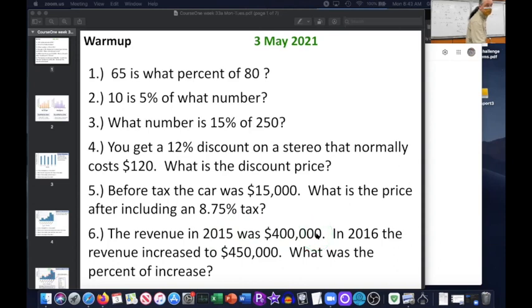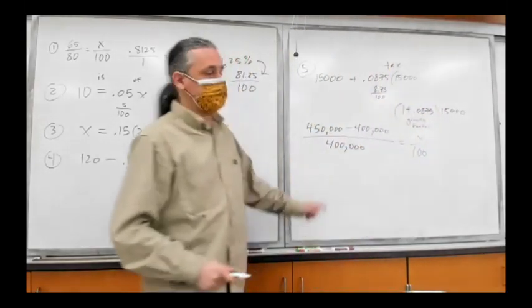The percentage is always based upon where you start, not where you end up. And we sometimes goof that up because the last number we see, we put on the bottom of the fraction. So just be careful with that. And then this equals what percent, which means a number over 100. So this is how you would do that.